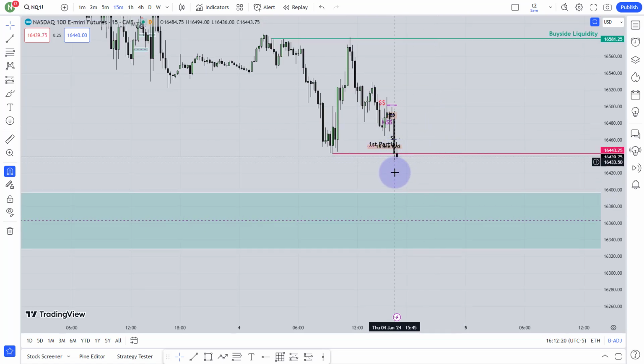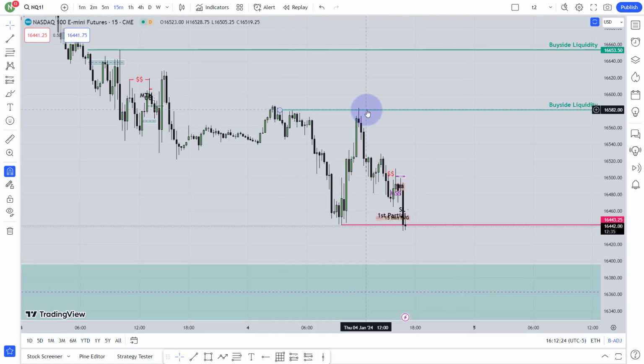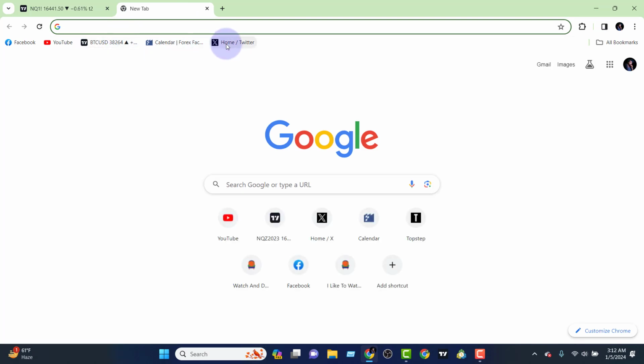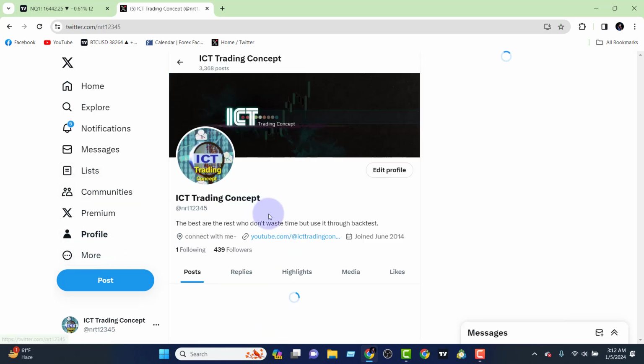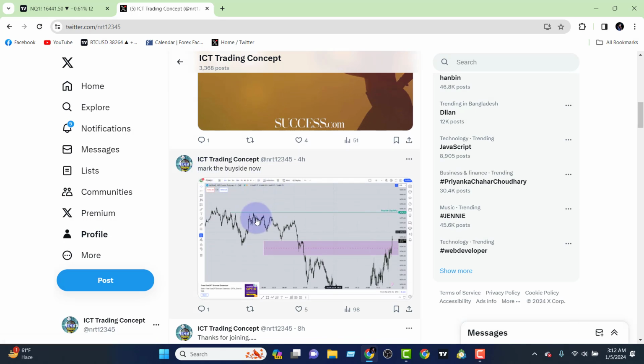So price is coming over here. It has taken very clean buy side liquidity. Beforehand, I have tweeted this buy side liquidity. Let me show it to you first, so that you will understand that this is not actually hindsight. In my Twitter beforehand, I tweeted over here, marking the buy side liquidity.